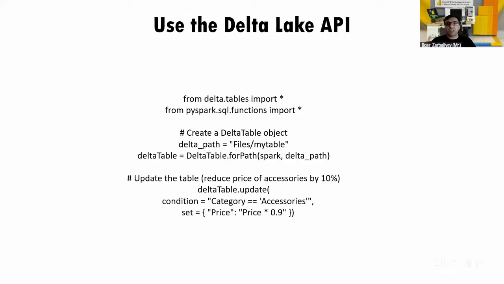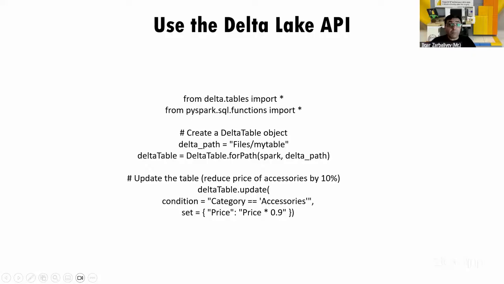Sometimes you want to work with delta files directly rather than with catalog tables. When that's the case, it may be simpler to use the Delta Lake API. The pattern is to create an instance of a Delta table from a folder location containing files in Delta format, using DeltaTable.forPath, and then use the API to modify the data.